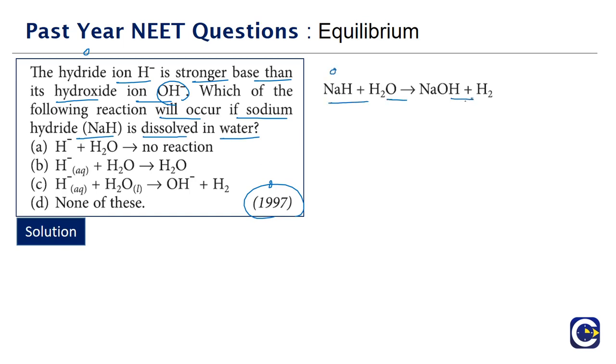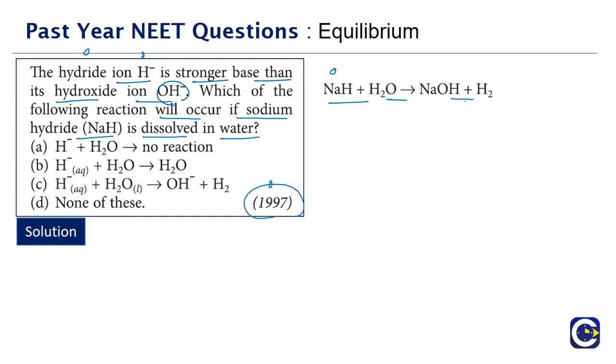Of course, this is also a reaction that we can see in terms of the group 1 element reactions, but here we will try to analyze the reaction based upon the comparison of the basic strength. So what is the information given to us? They are saying H- is a stronger base than OH-.